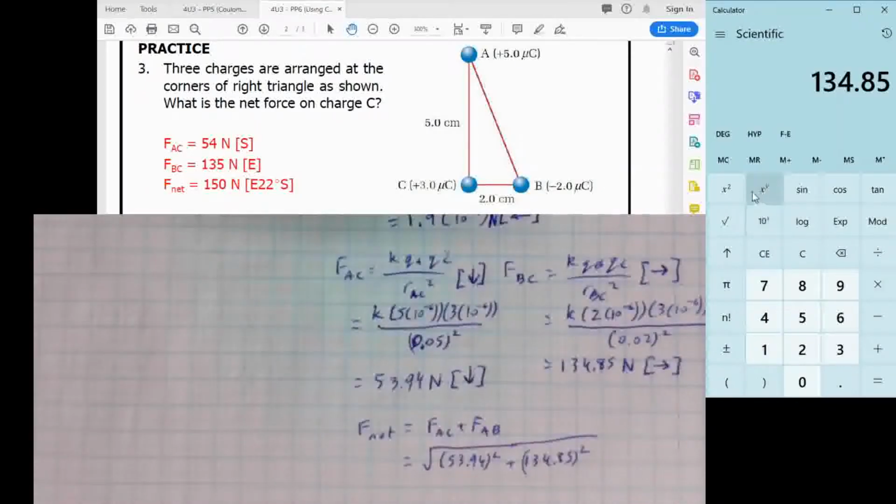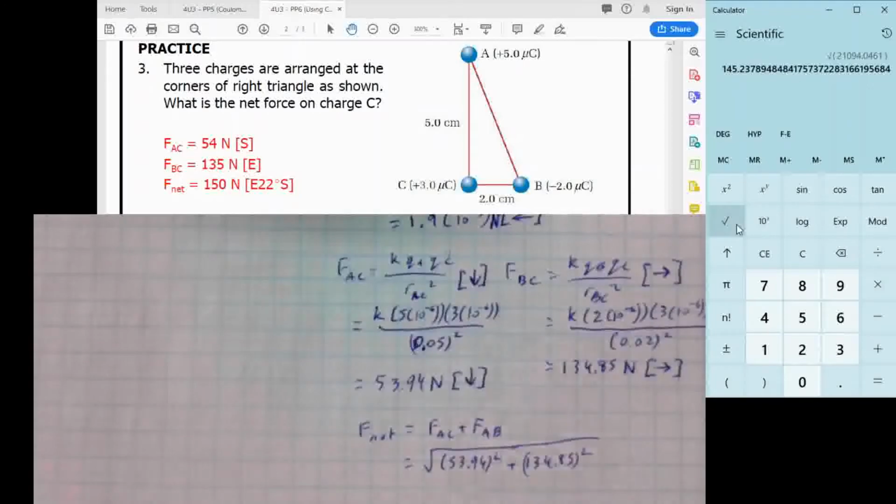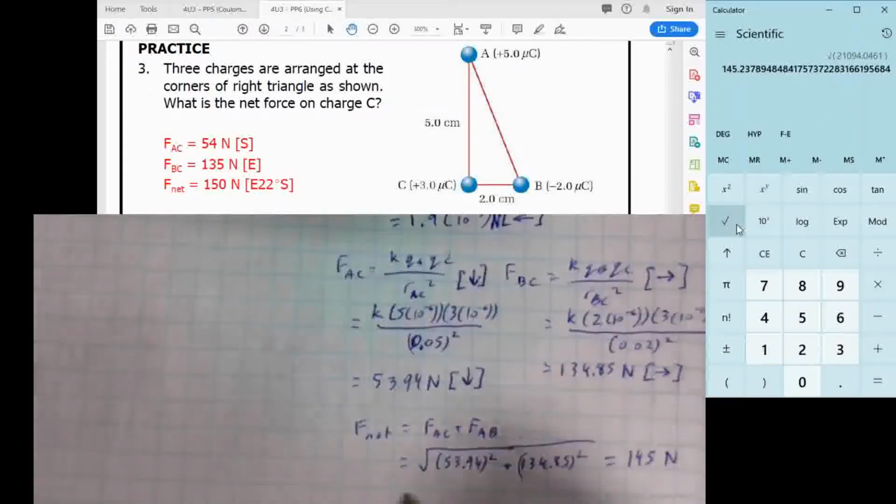The square root of that is 145 newtons. I'm going to have to round that to significant digits, so I'll write it down here because there's two significant digits here, is 150 newtons.